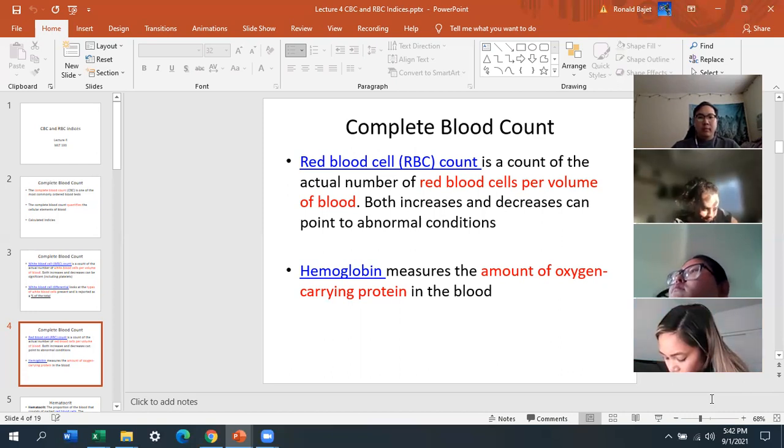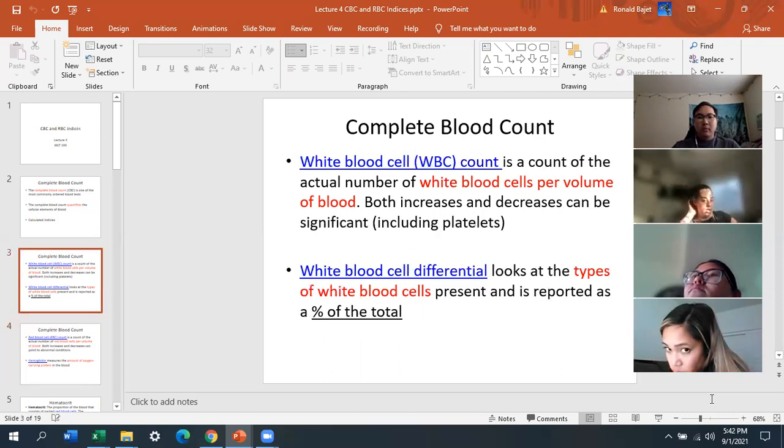A slight increase in the WBCs is okay. You can't say, oh, you got a bacterial infection. It's okay to be slightly above the normal range of a WBC. But if you get like 15, 20 up to 30,000, then that's significant enough for the doctor to worry that you probably have a bacterial infection.